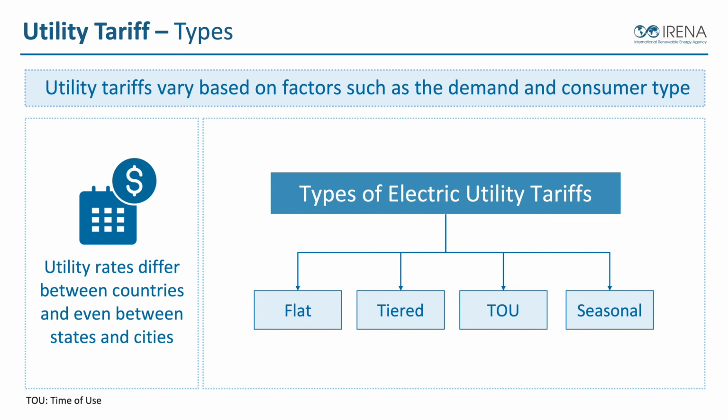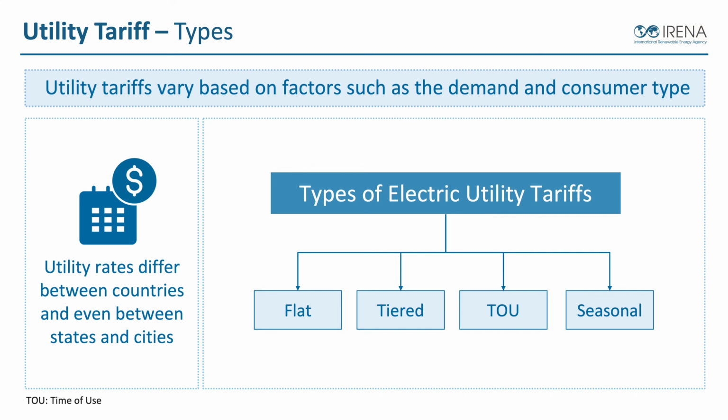Now, when we come back to electrical utilities, we talked a little bit about watts and kilowatt hours, and then our electrical loads for battery-based systems. But if we're looking at grid-connected or utility-connected systems, we need to understand that all utilities have rates or tariffs, and those electric utility tariffs can differ in a lot of different ways.